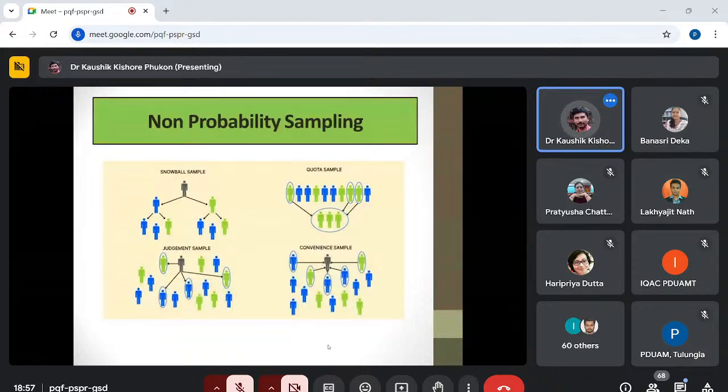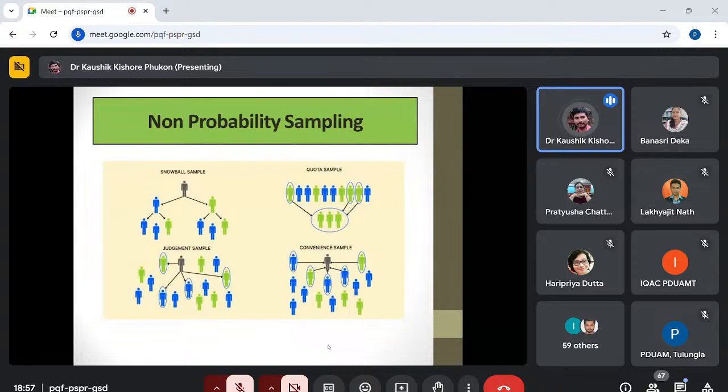But in judgment sampling, you have to apply your judgment. You may not get the objects you are searching for nearby the mall. So you may have to move to get your objects in a different place. That is judgment.